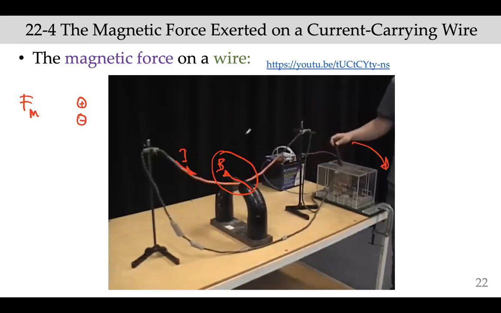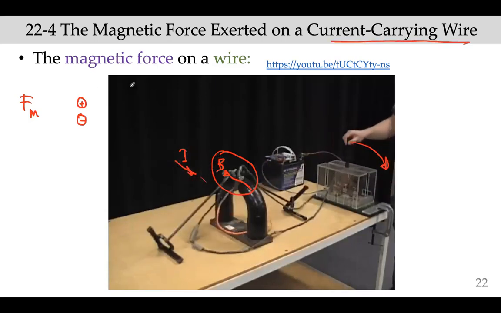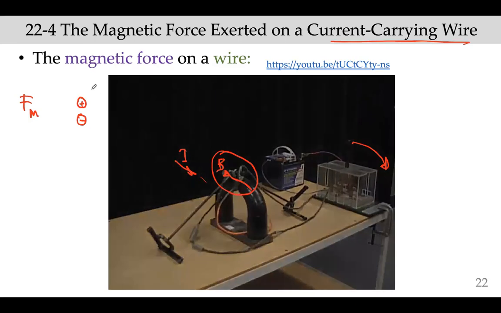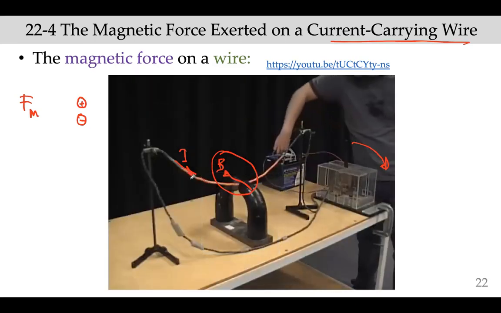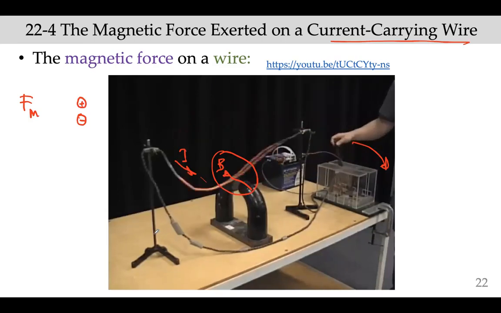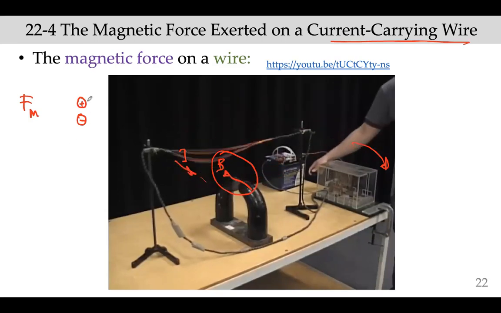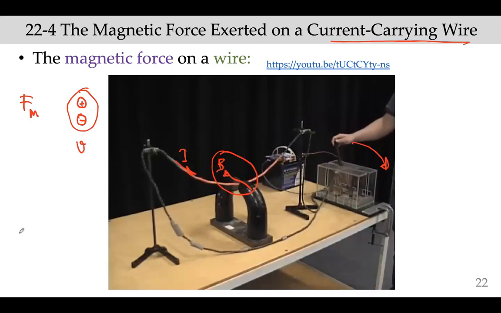Before, we talked about magnetic force on point charges, positive or negative. Now in this section, we are interested in the magnetic force on a current carrying wire. So why is this happening? If you have a current, then charged particles are flowing through the wire, which means they have some velocity.